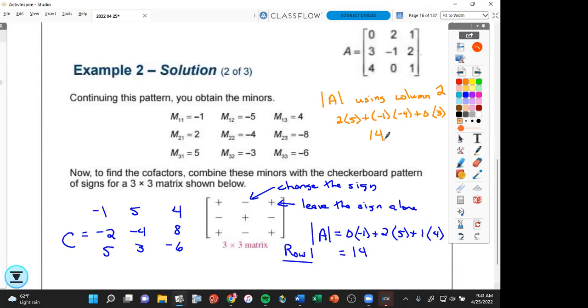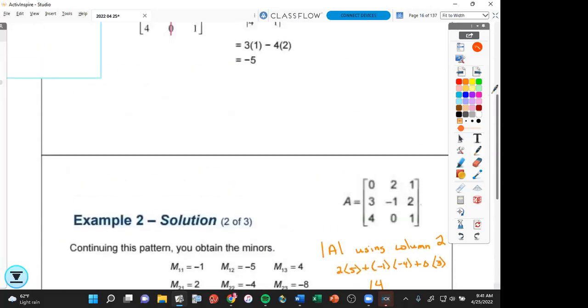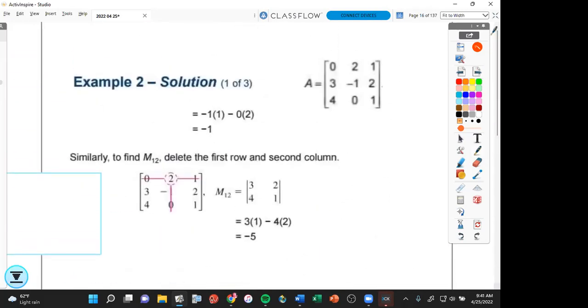Determinant formula. That's the determinant on a 2 by 2 matrix. This is a 3 by 3. There is no formula for a 3 by 3. I just showed you every step. All of this is connected, yes.